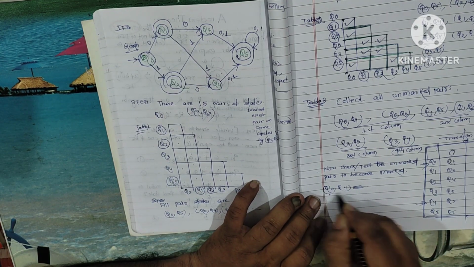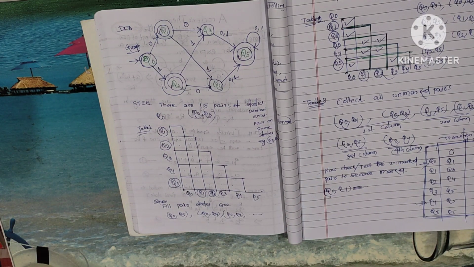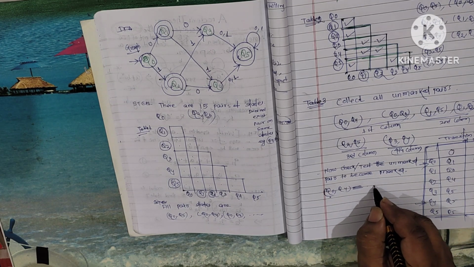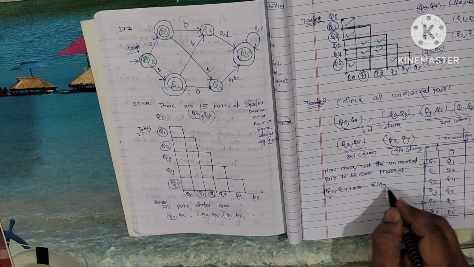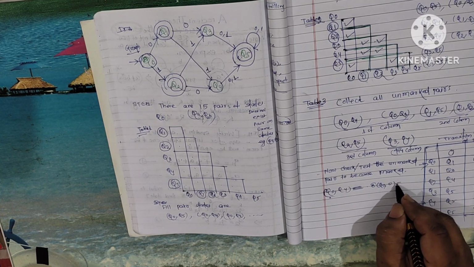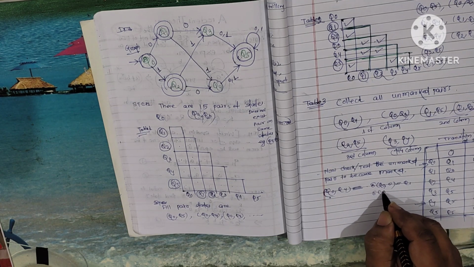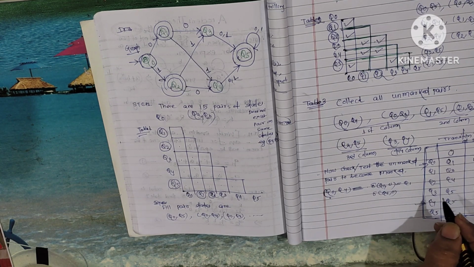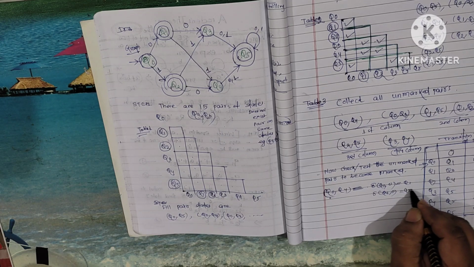So Q0, Q4, can you mark it? You can see here transition of Q0 on input 0 goes to Q1, transition of Q4 on input 0 goes to Q5.